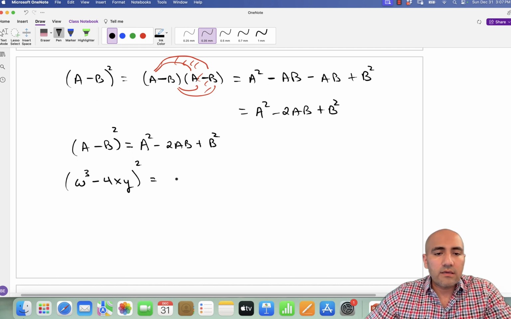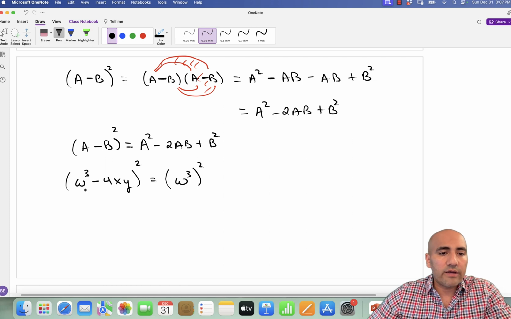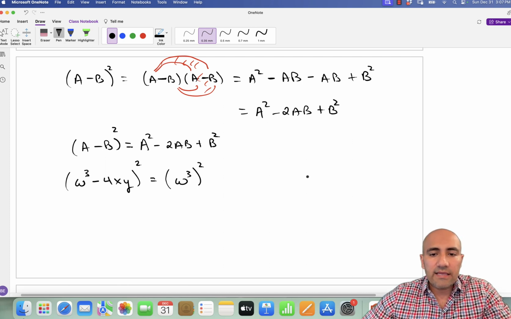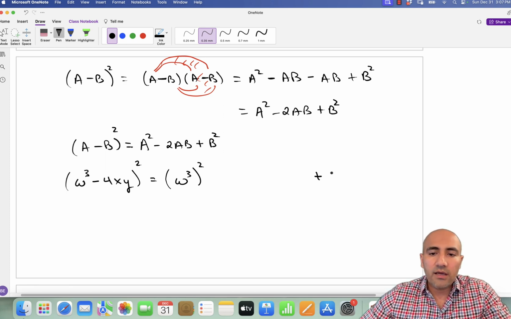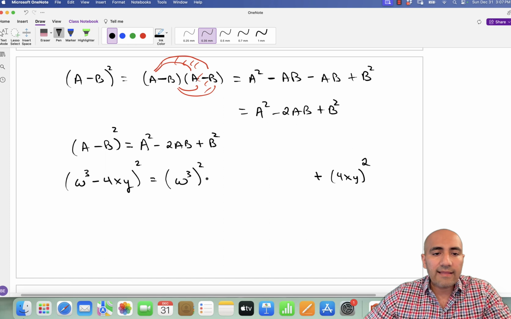So this is going to be w cubed parentheses squared, the first term squared. Now at the end, it's a plus, because the pattern says plus, because the minuses are going to cancel. So it's plus parentheses 4xy parentheses squared. And in the middle, we have a minus 2 times each of the things that you were multiplying.